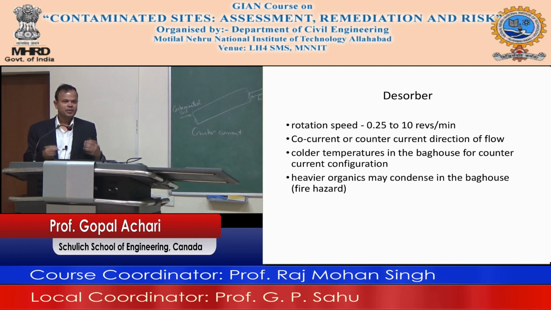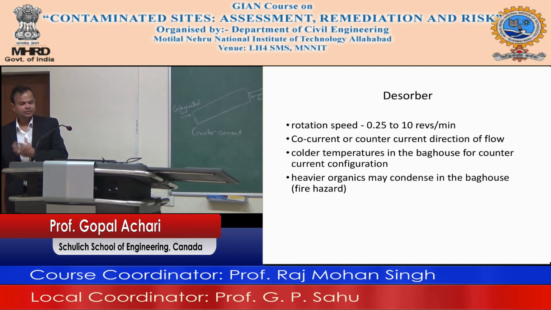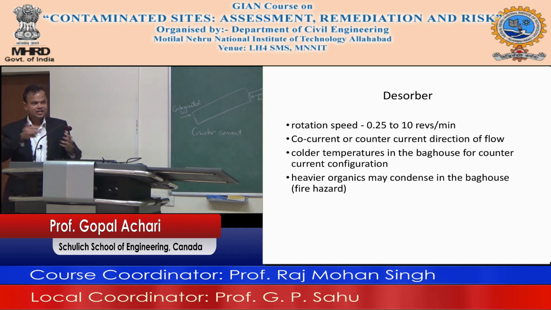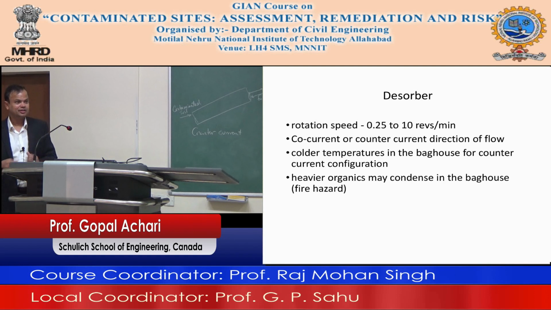Now, if the gas and the particles are at a very high temperature, the bag house might catch fire. So in a counter current, because the gas is colder, you can just have the bag house. In co-current, because the temperature is so high, you can't just have a bag house. You may have to burn everything and then cool the gas before letting it go through a bag house.